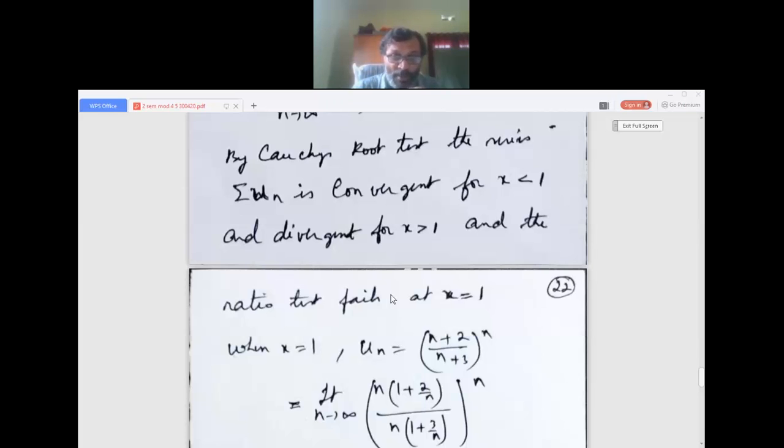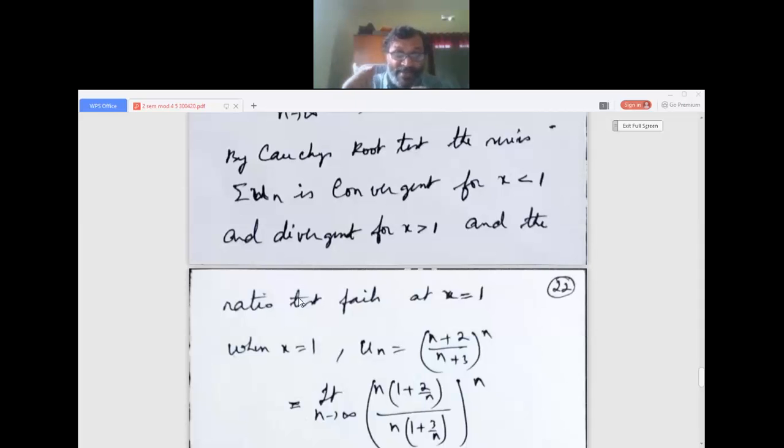Then take un power 1 by n and apply limit n tends to infinity. Whenever there is limit n tends to infinity, we have to bring n to the denominator, because limit n tends to infinity, 1 by n is 0, because 1 by infinity is 0. Or 1 by n squared, 1 by n cubed, etc. All zeros. So using that, we have solved many problems.